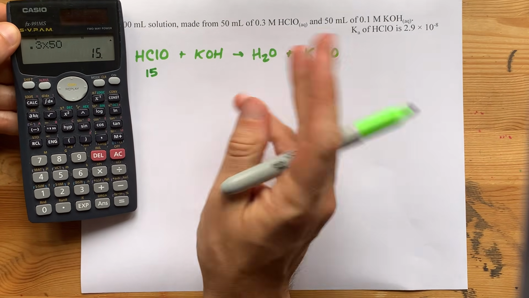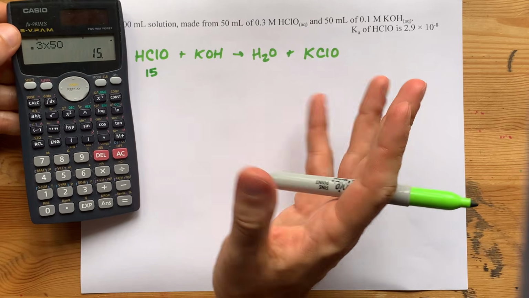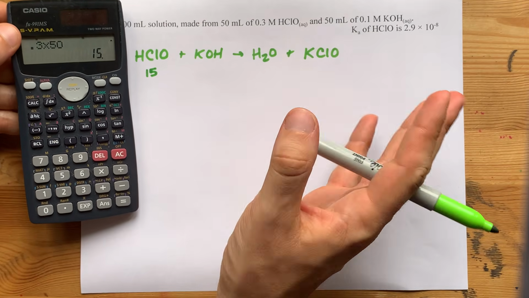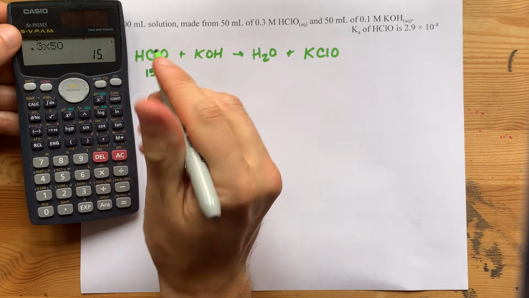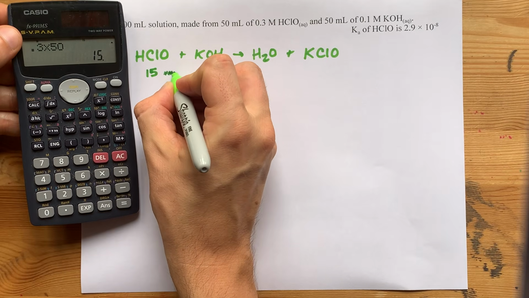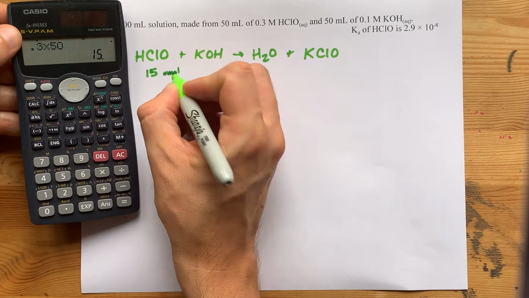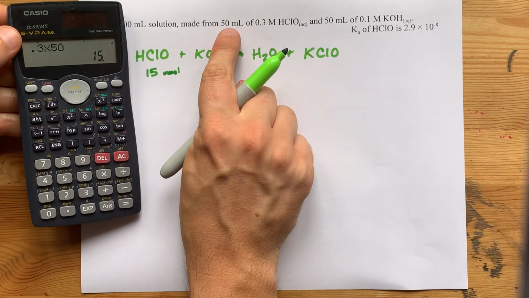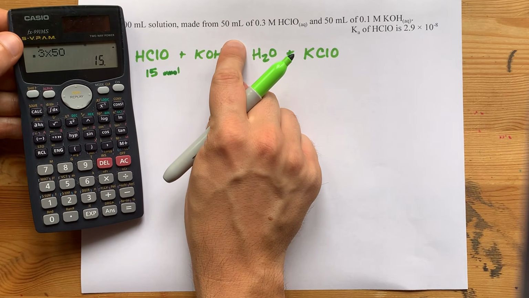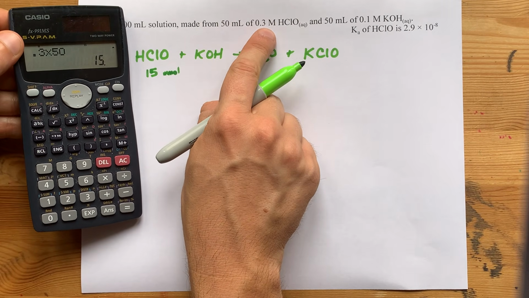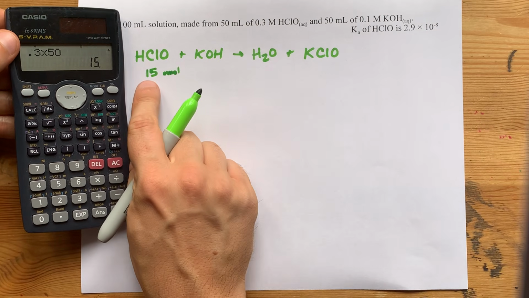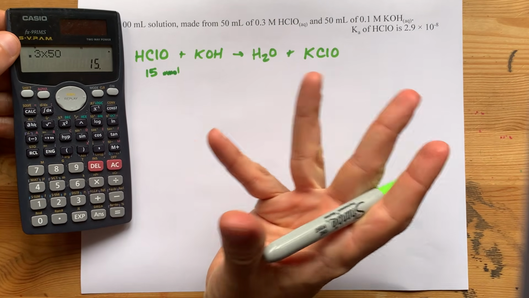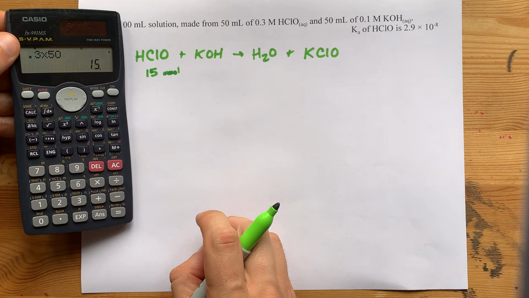The milli is preserved. It's basically like moles, except you've times by 1,000 to get a smaller unit. The unit itself you can call mmol, millimoles. If you want to convert that to liters by dividing by 1,000, then timesing by 0.3, you'll get 0.015, and that's totally cool. You do you.